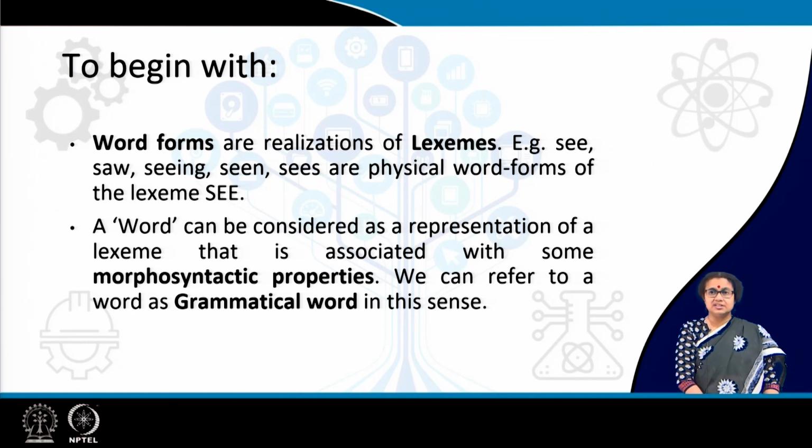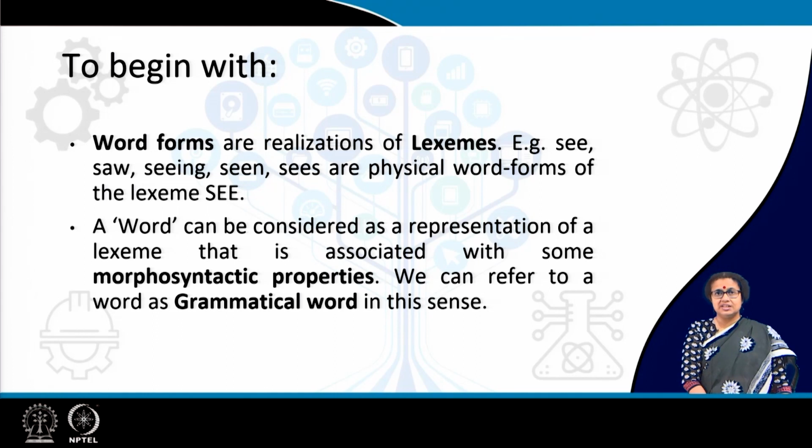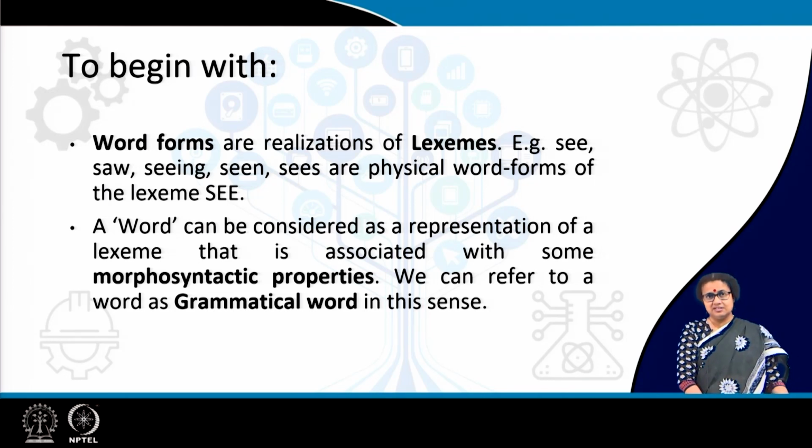So, if you consider the example that I have given here, see, saw, seeing, seen, sees, these all are physical word forms of the lexeme see. So, see is the abstract lexeme, and the realization of the word forms are basically see, saw, seeing, seen, these are all physical word forms.